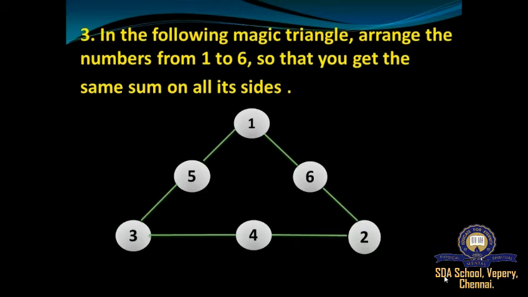Understood, students? So this is one possible way. You can even try some other ways by arranging the numbers in different positions, getting the same sum on all the three sides.